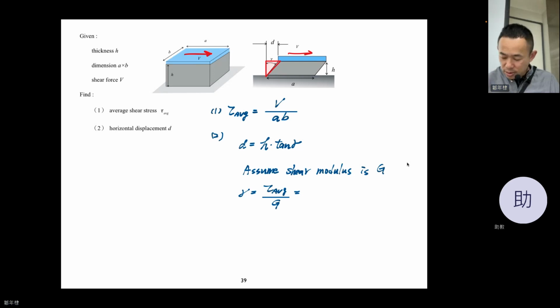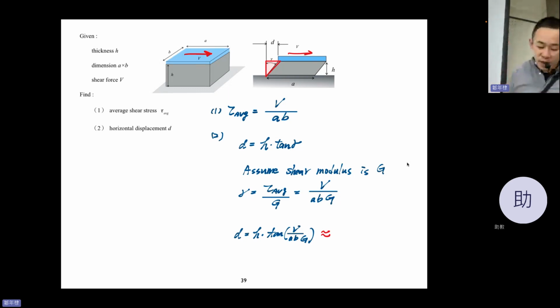And actually this is all not important. The most important thing is coming now. So now D equals H times tangent of V over A B G. Right, now this is really important.